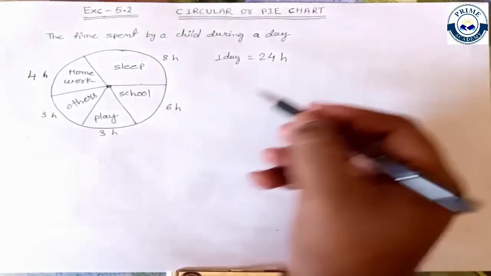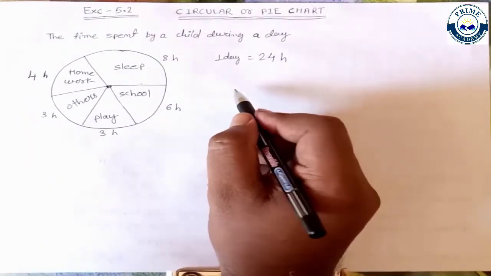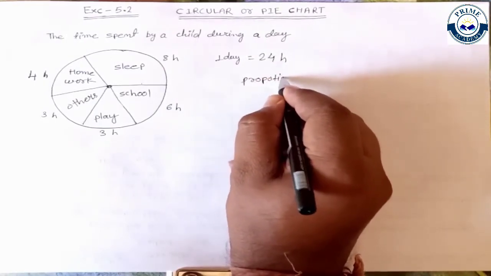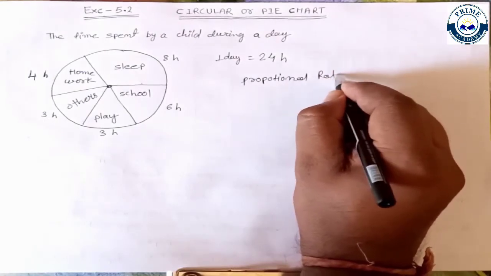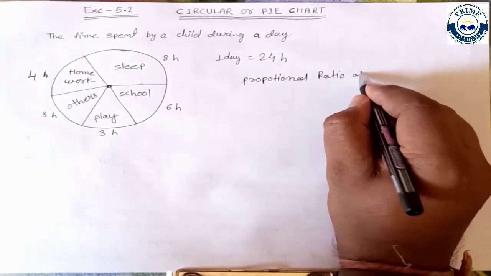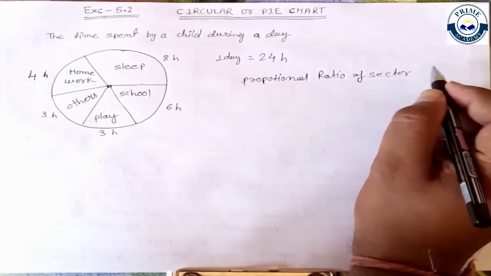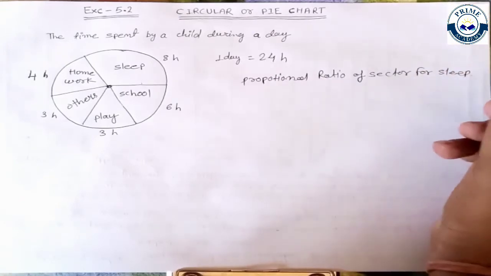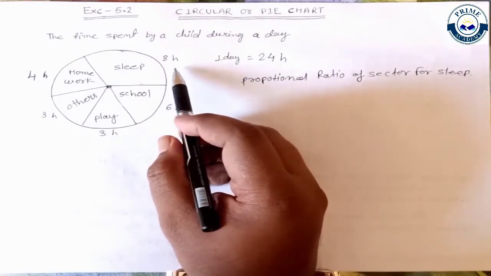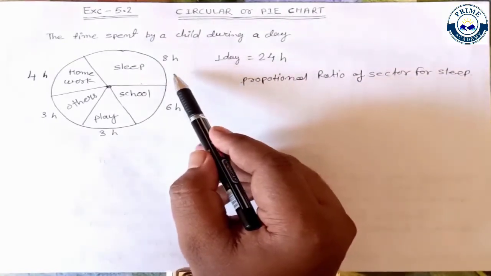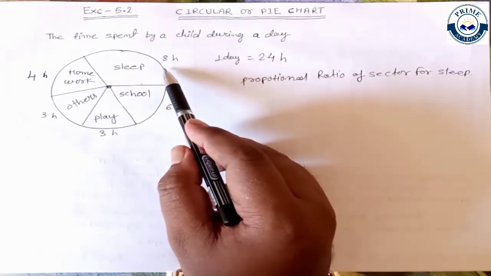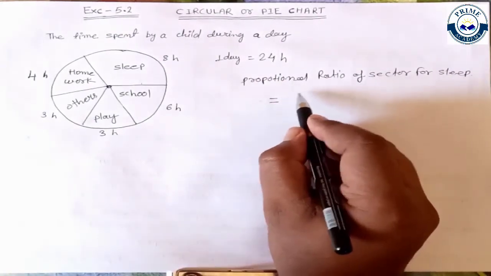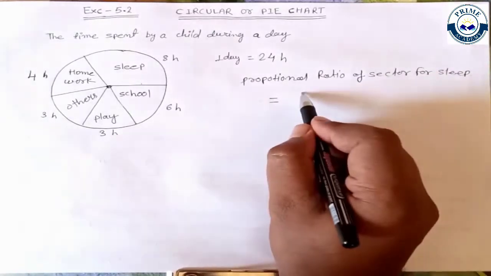So now if someone asks you to find the proportional ratio of the sector for sleep, meaning how much proportion of time a student has spent in sleeping, what you have to do is, whatever time he has spent in sleeping, you just put it here.